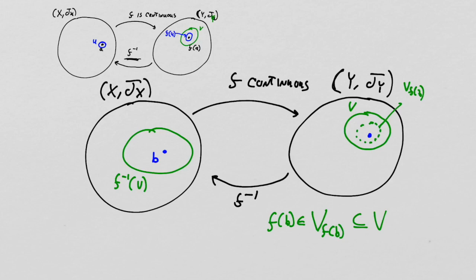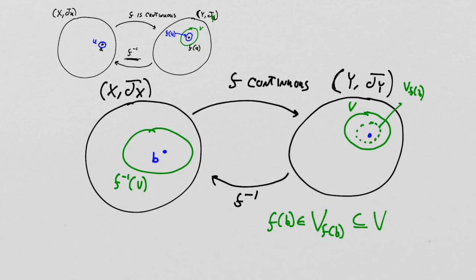Now we use the fact that f is continuous, right? If f is continuous, we know that for every open neighborhood that contains a point f(b), there is definitely an open neighborhood containing b such that the continuous function f of this open neighborhood is entirely contained in that open neighborhood.